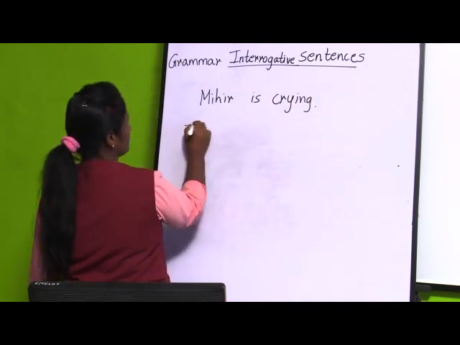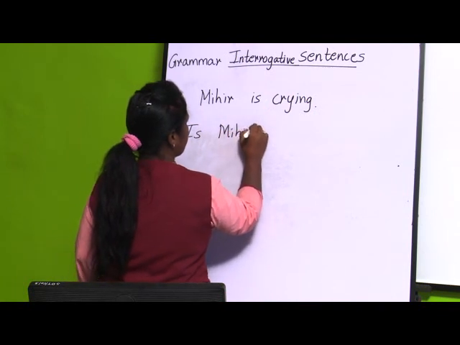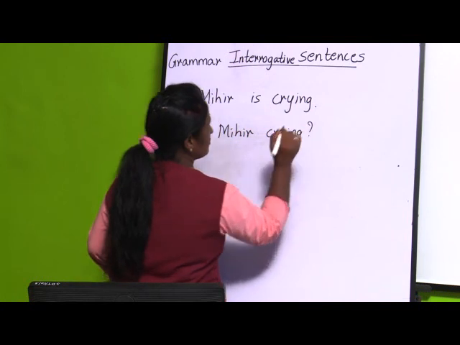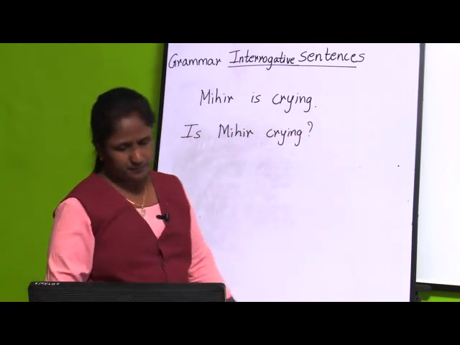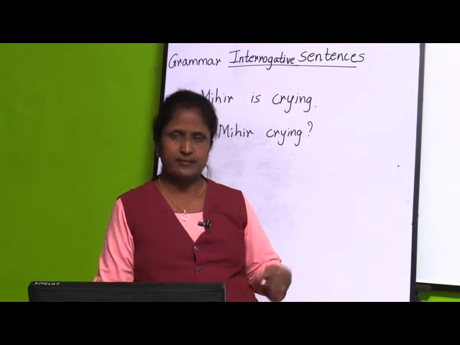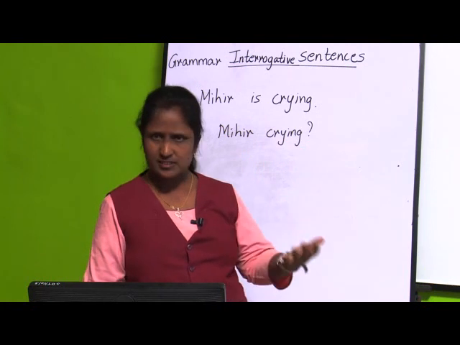"Is" will come this side. "Is Mihir crying?" And then you will put a question mark. "The girl is reading." "Is the girl reading?" In this way you will be forming the interrogative questions. You will be asking the questions.